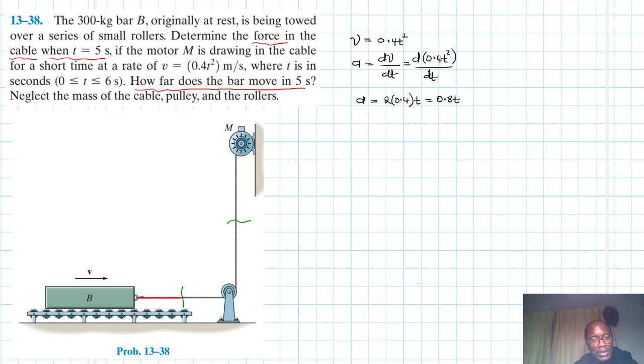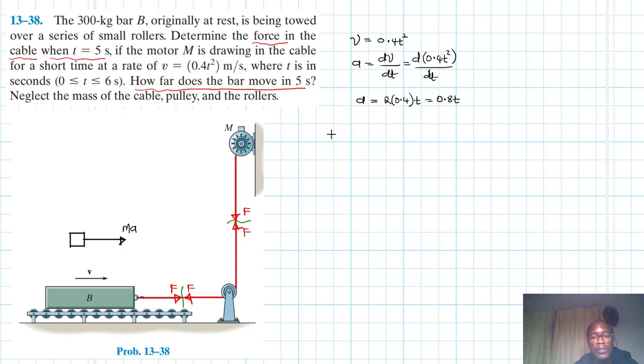So we have the tension force here, let's call this F, and let's say our kinetic diagram for this bar is in that direction, ma.